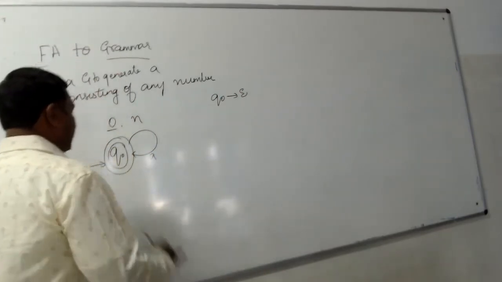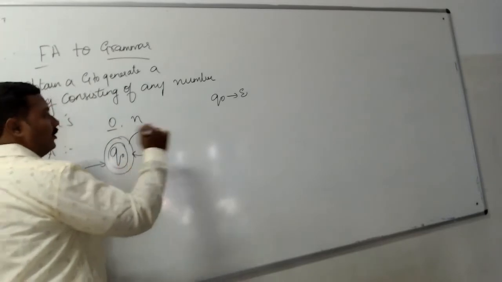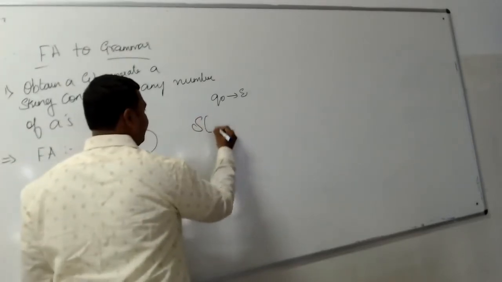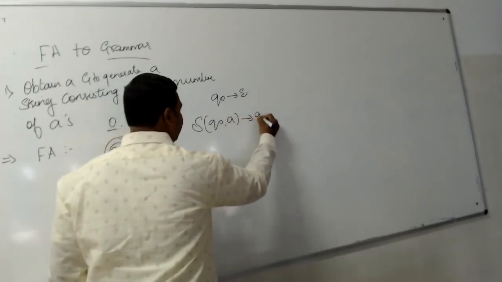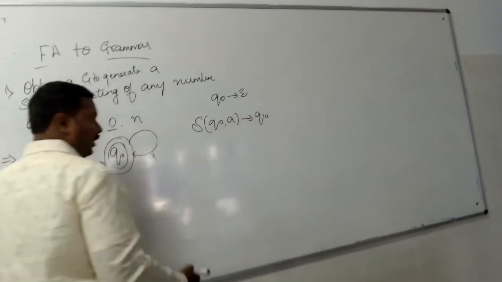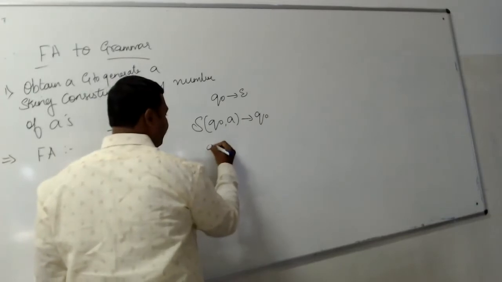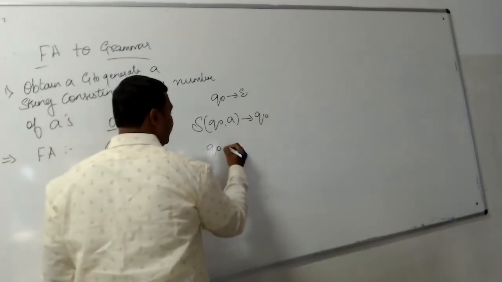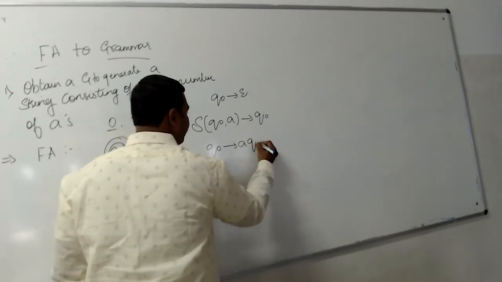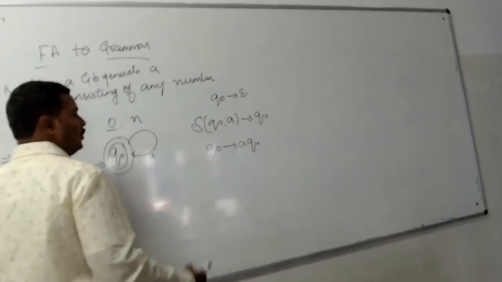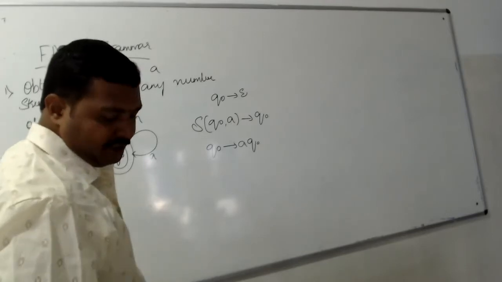And next, transition of q0 upon a goes to q0. So we write q0 tends to a q0. So how can you write your productions here now?